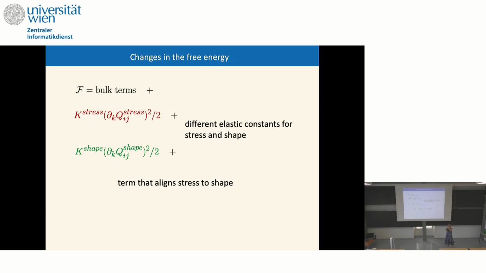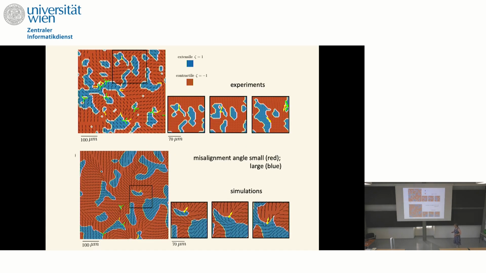So we also put a term in the free energy which makes them move back and align with each other. And if you do that, these are the experiments, these are the simulations. It really works beautifully. I was worried about the experiments because they're really hard experiments, and the interpretation of traction force microscopy is a bit iffy, in my view. But it works in exactly the same way. You get these blobs, these misaligned blobs.